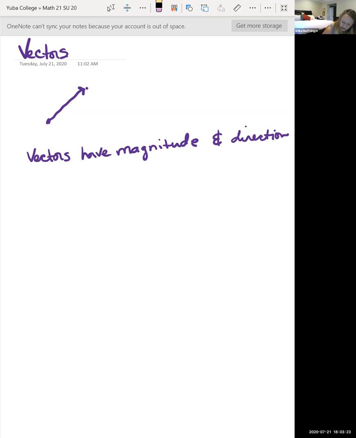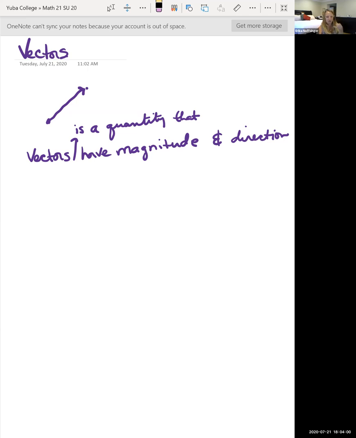A vector is a quantity that has magnitude and direction. Magnitude is just the distance or length, and direction is how far are we going. So for instance, the plane was heading north 45 degrees east at 500 miles per hour.